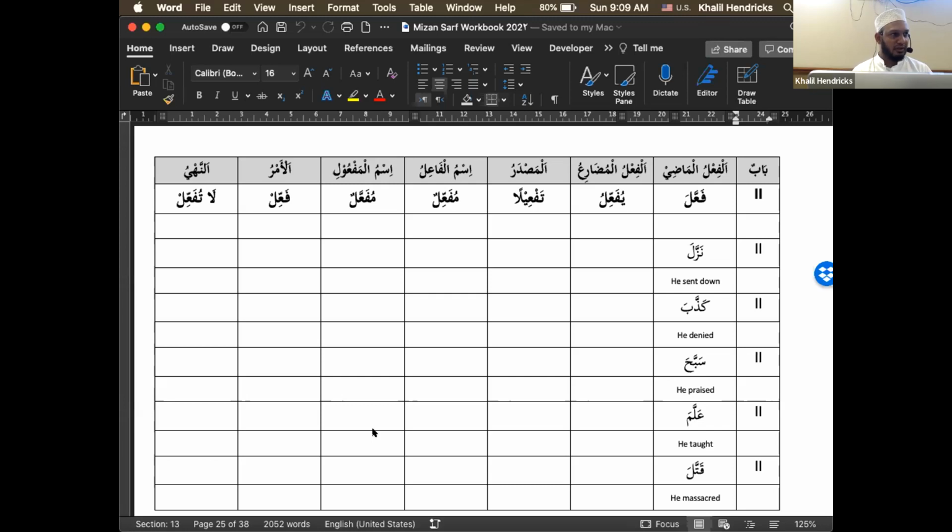Then the ismul fa'il is going to be mufa'ilun, and the ismul maf'ul is going to be mufa'alun. That ayn there, with the shadda, one has an I and the other has an A. Mufa'ilun, mufa'alun. Let's say those two together, inshallah.